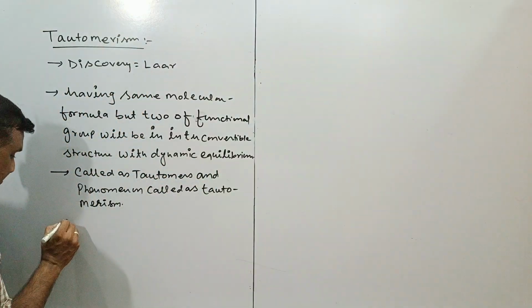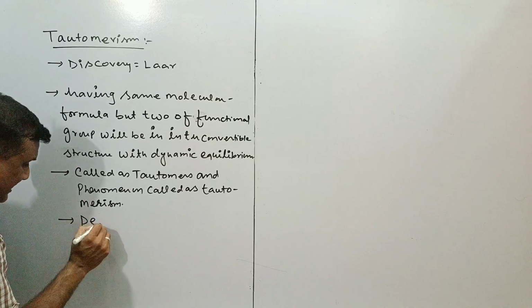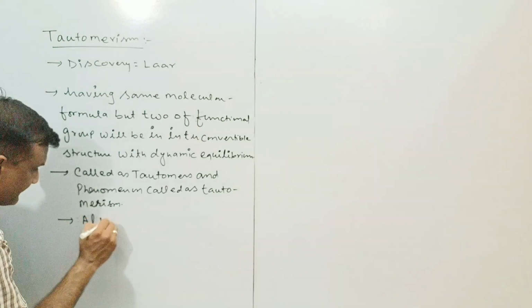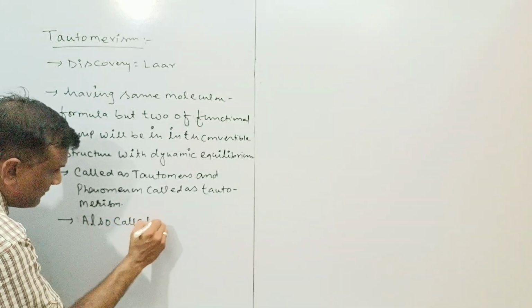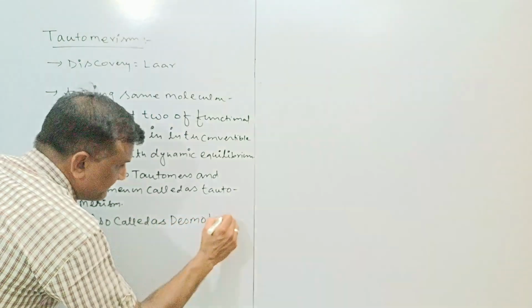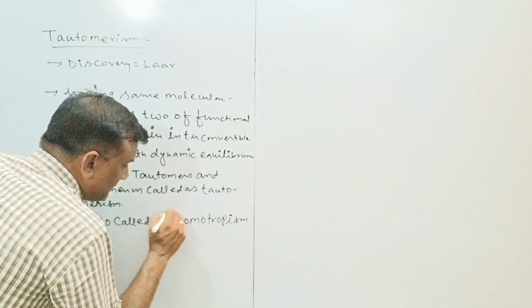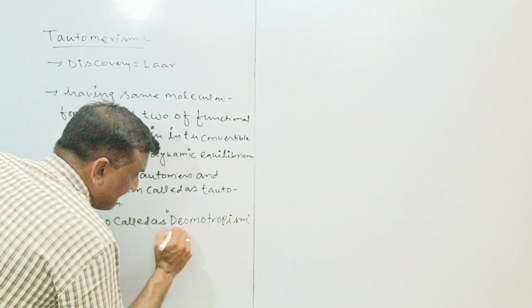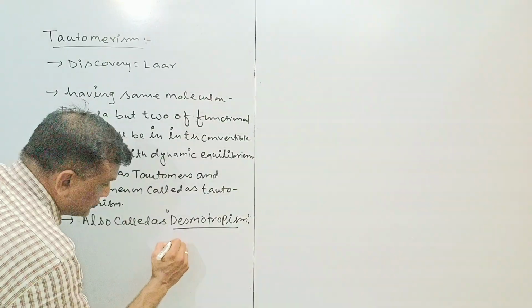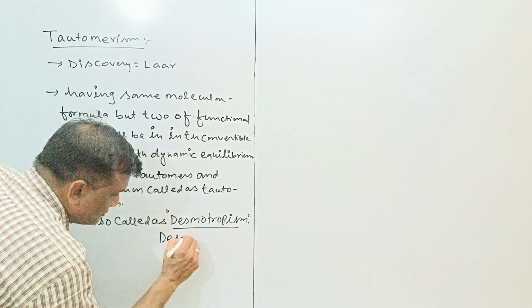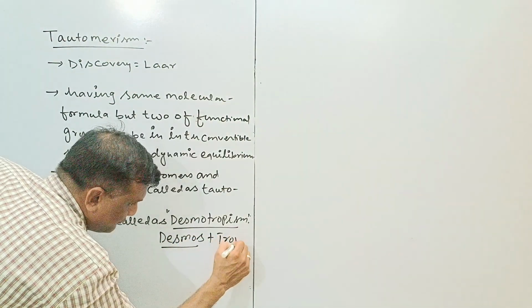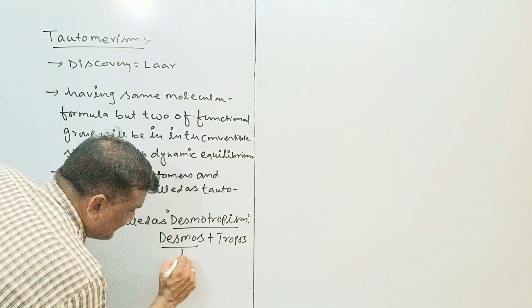It is also called desmotropism. What is the meaning of desmotropism? It's a Greek word formed from two words, desmos and tropos.